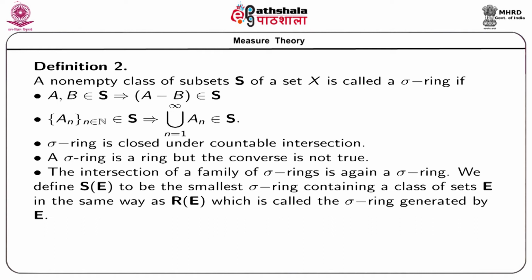As in the case of rings, it is an easy observation that the intersection of a family of sigma rings is again a sigma ring, and we define S(E) to be the smallest sigma ring containing a class of sets E, and this is called the sigma ring generated by the class of sets E.